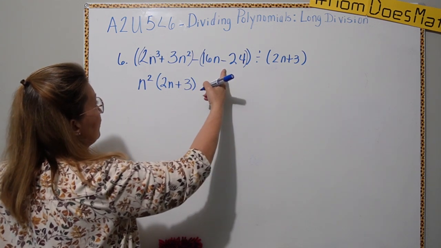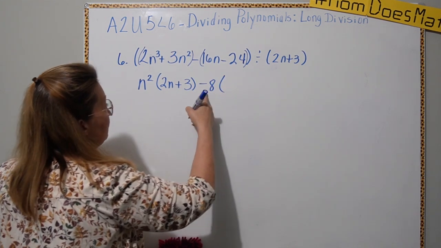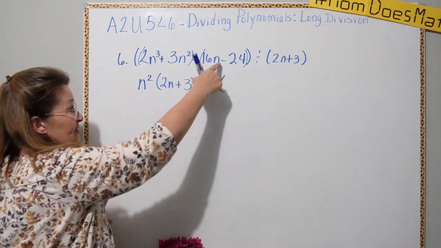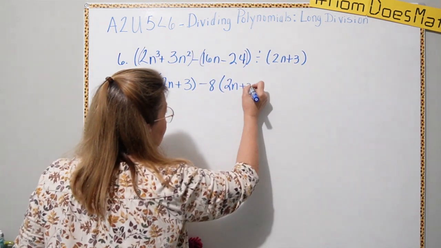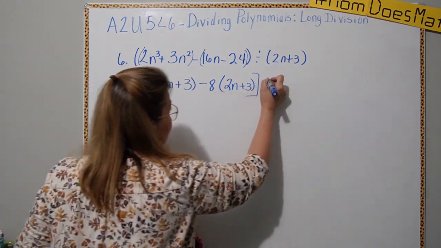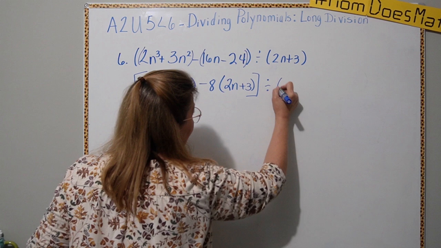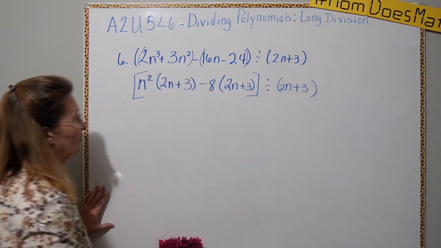All right, I come over here and my greatest common factor is 8. Now remember, I'm factoring out a minus 8, so it's going to change this sign. So I'm going to have 2n plus 3. And technically, I should put this in brackets so I can tell that all of that is divided by 2n plus 3. Okay?